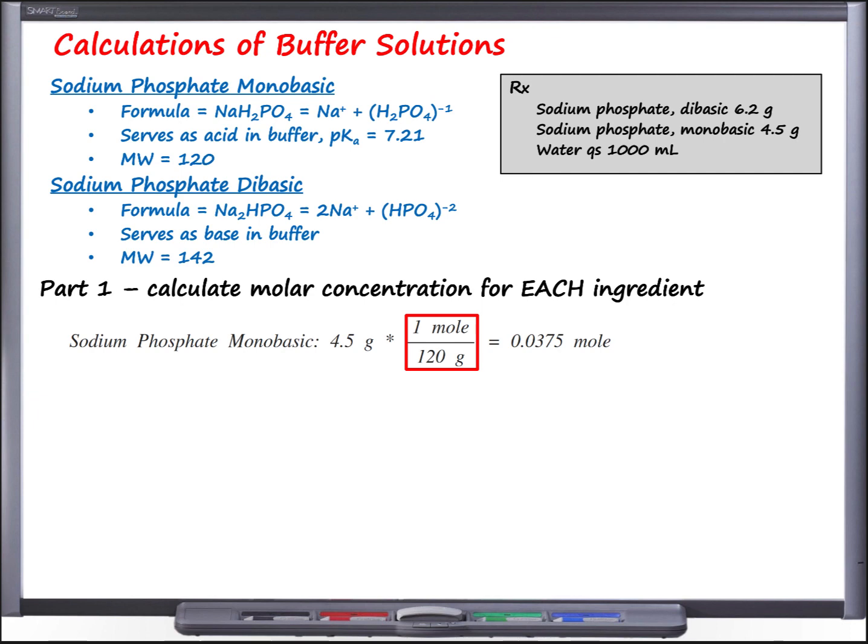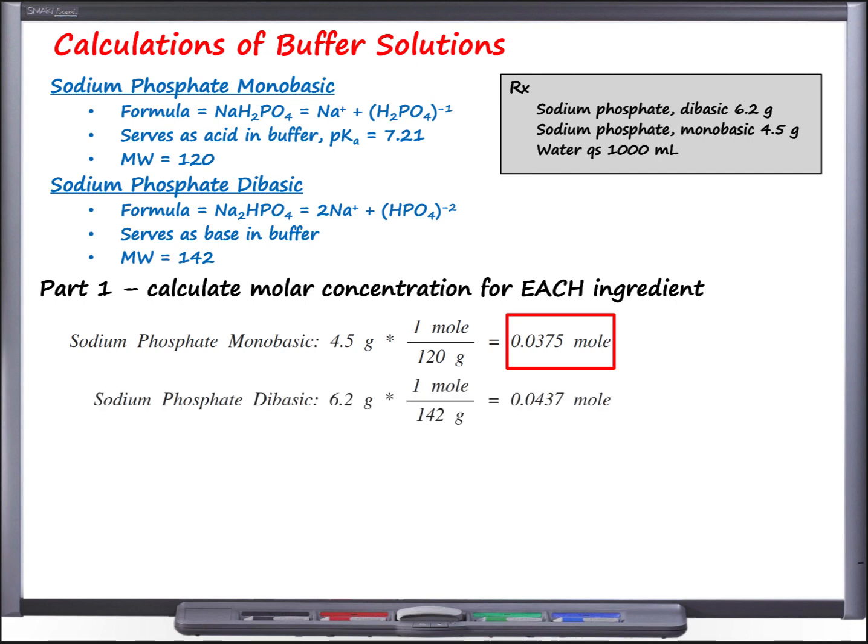We set it up like this so that the units of grams will cancel and we end up with moles. So if we take 4.5 grams and divide it by 120 grams, we will have in our buffer solution 0.0375 moles of monobasic sodium phosphate.